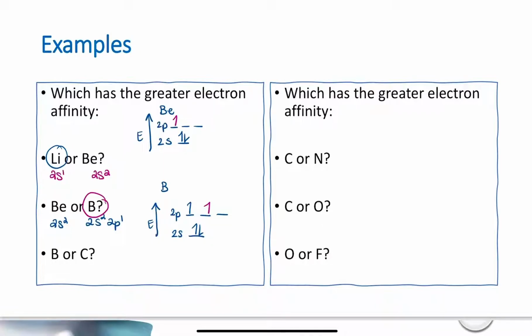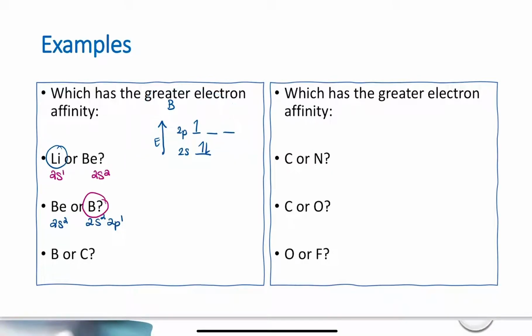What about boron and carbon? Boron, 2s2, 2p1. Carbon, 2s2, 2p2. If I give boron one, it's just going to go into its p orbitals.